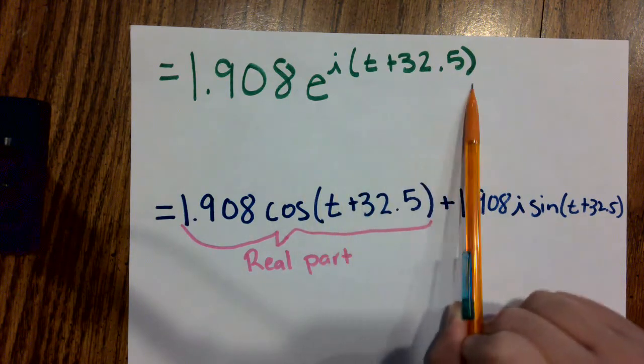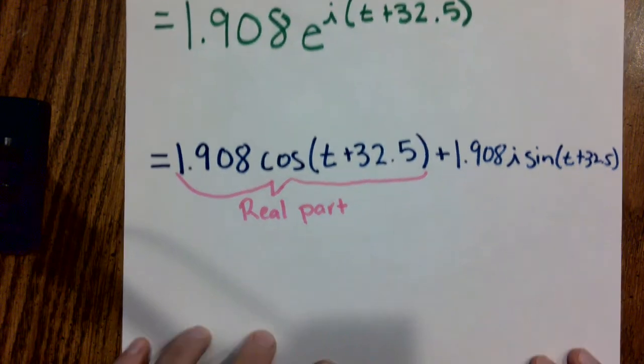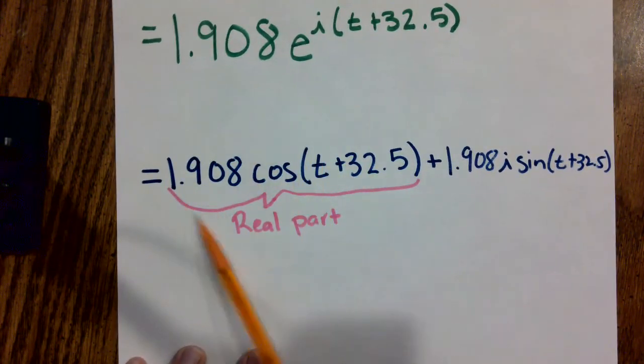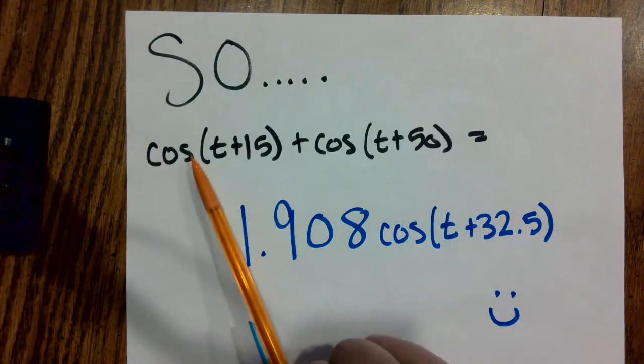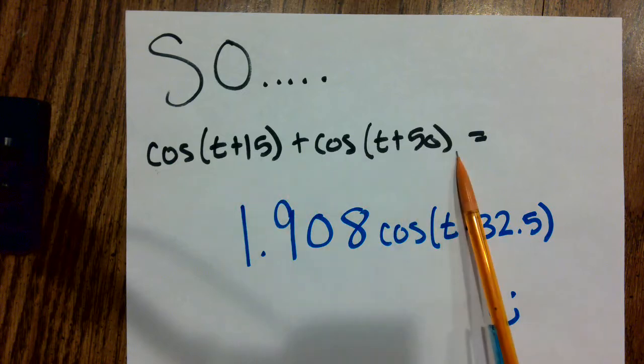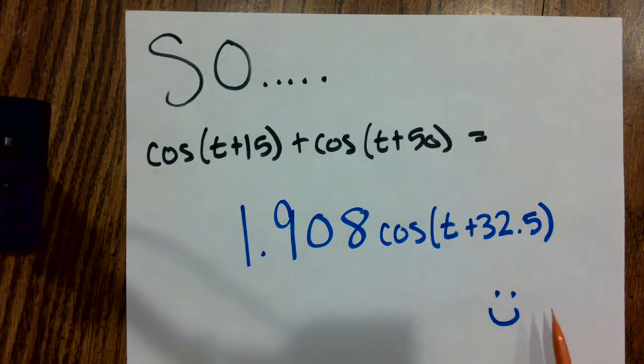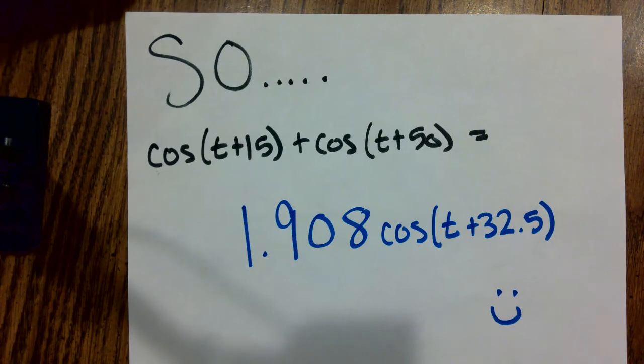Now if we plug this into my cosine and my sine, we get this part right here. Remember, we wanted that real part. So we started with this, and we wanted that real part, and we got this. And oh my goodness, it's a happy dance.